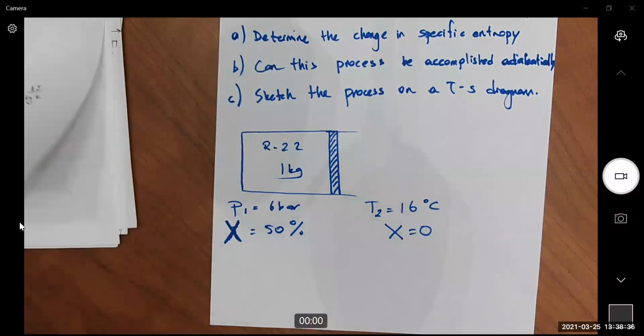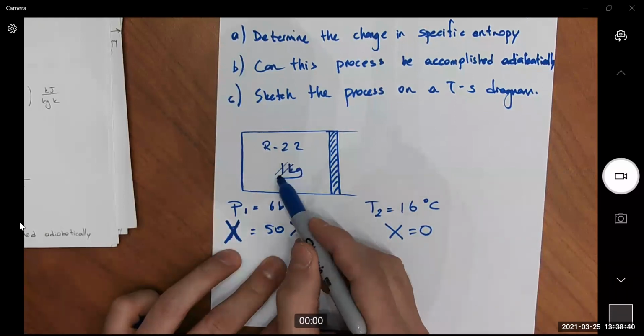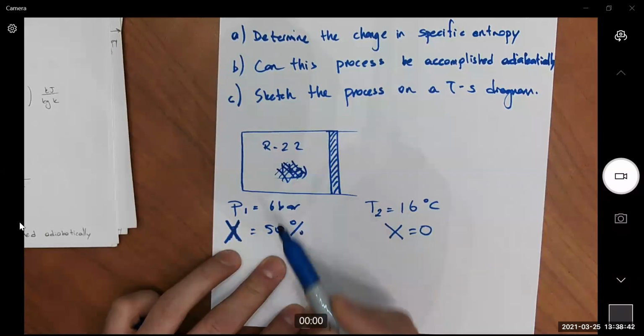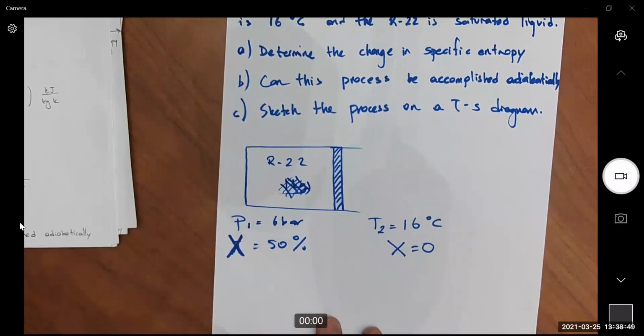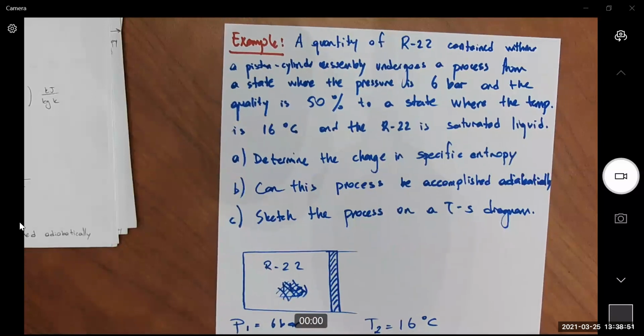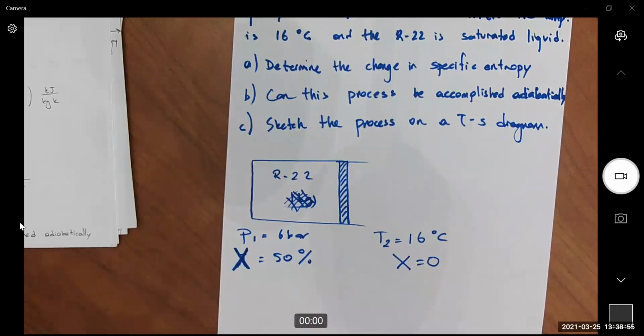We don't know the mass. It shouldn't affect the result.